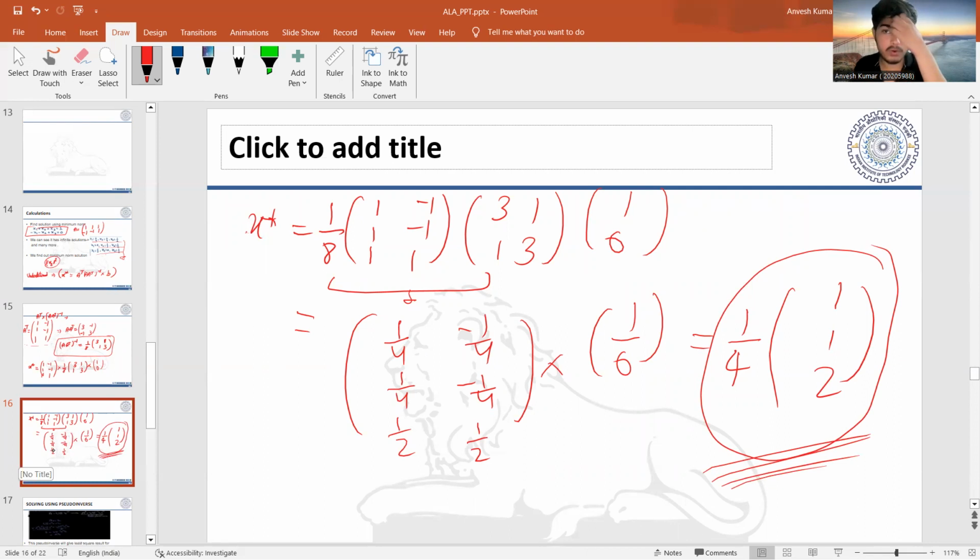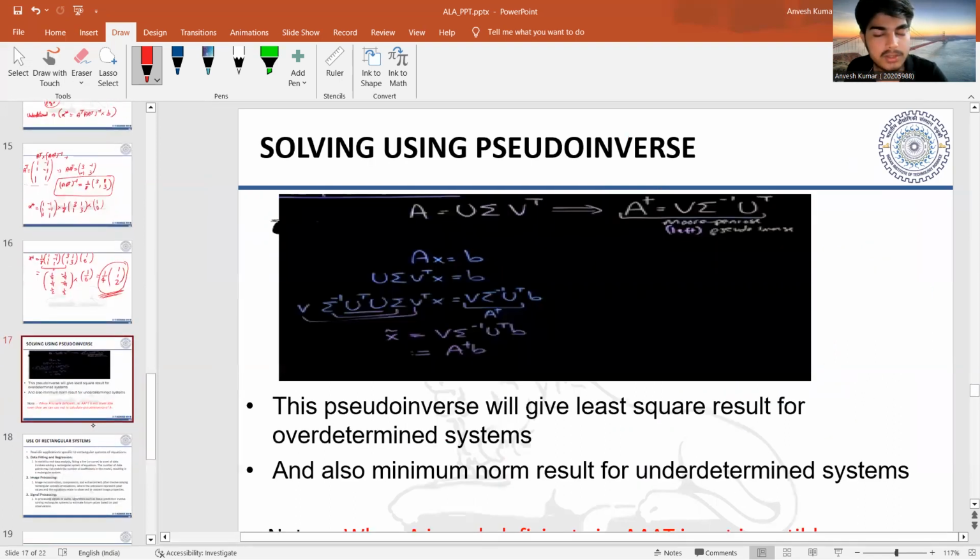So we solved for an overdetermined system and found a solution which has the least square error. And we also found a solution for an underdetermined system, which has minimum norm. What is surprising is that both methods can be generalized. How? Using SVD.